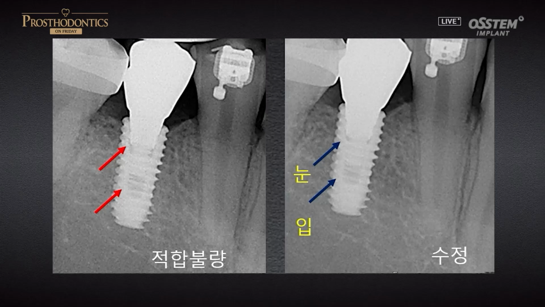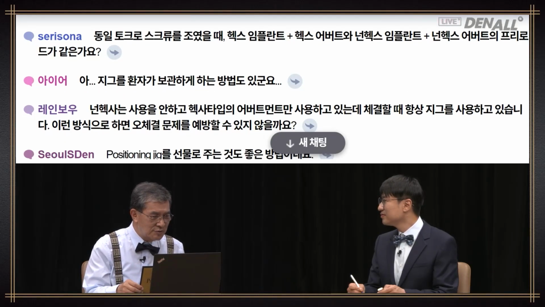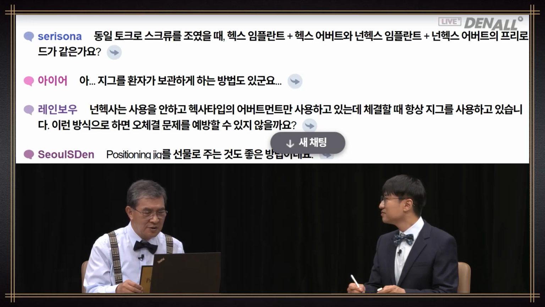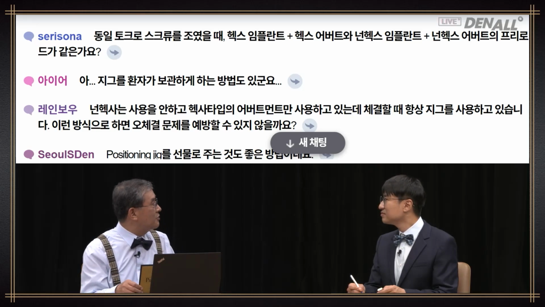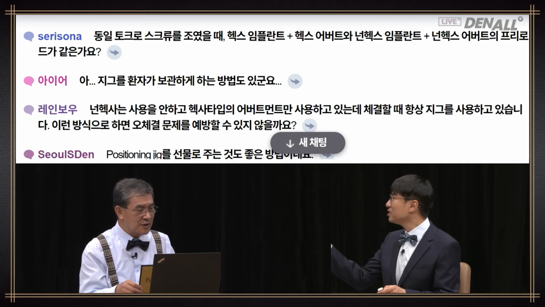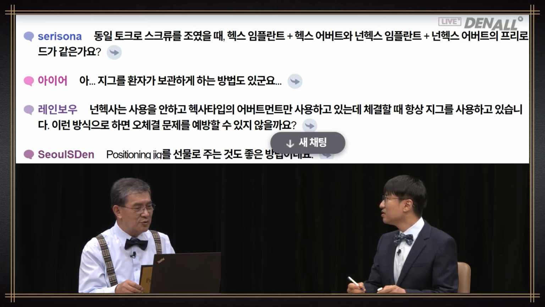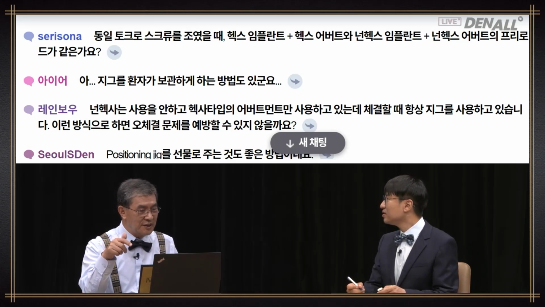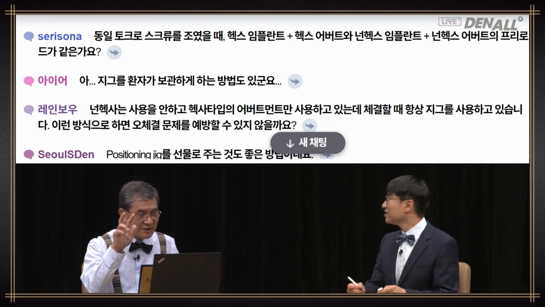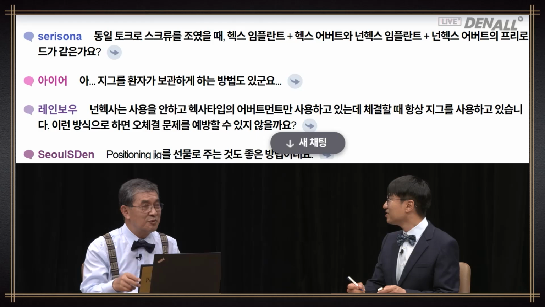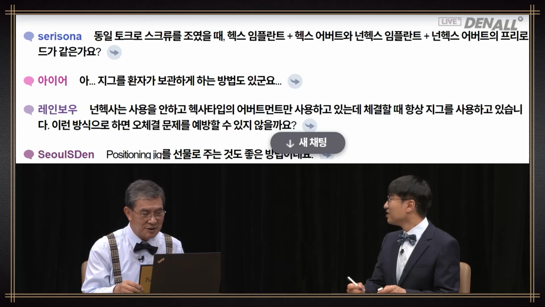Next question: will preload be the same if you tighten the screw with the same amount of torque in the case of a hex implant with hex abutment combination, and a non-hex implant with non-hex abutment combination? I see the question now. Using the same torque to tighten the screw, hex implant and abutment versus non-hex implant and abutment, will the preload be the same?